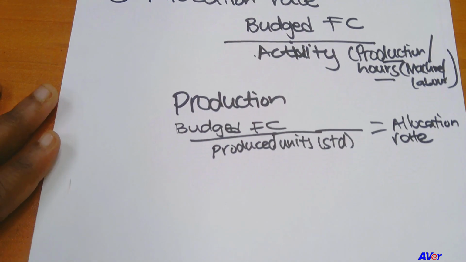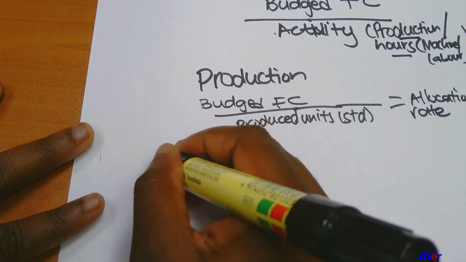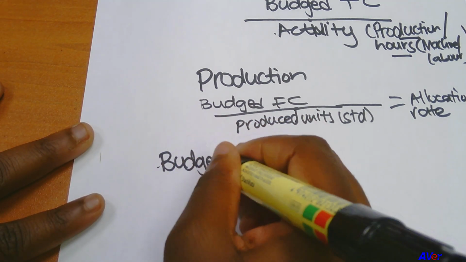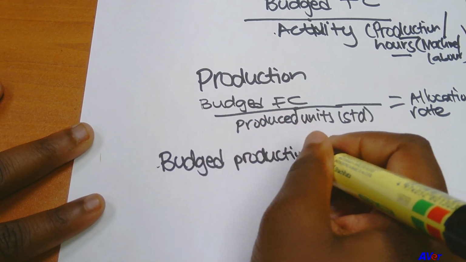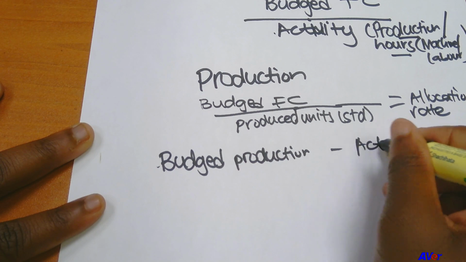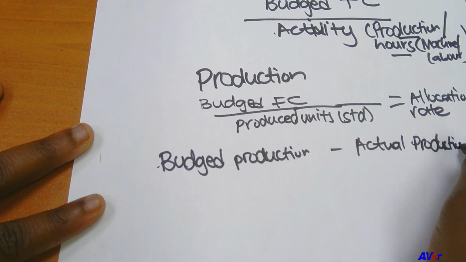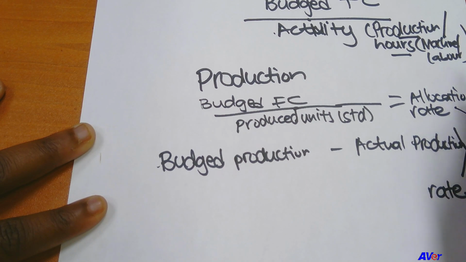This is standard, remember, so that we can get an allocation rate. And then in terms of our variance, we then said what we produced. Okay, let's start with what we budgeted, budget production. From that, we subtracted the actual production, and we multiplied by the rate, which is this.